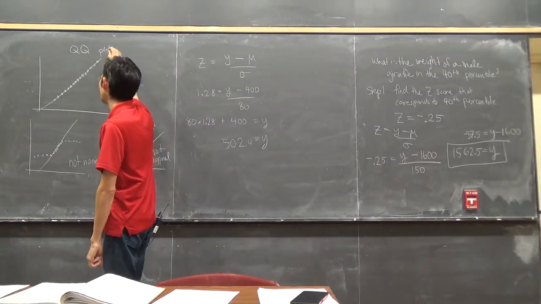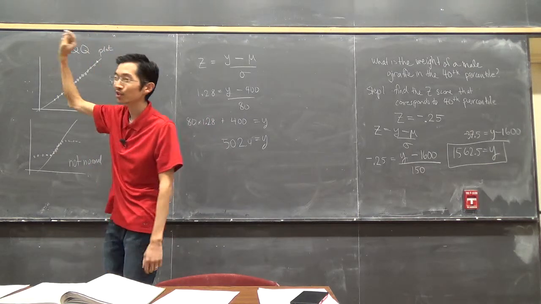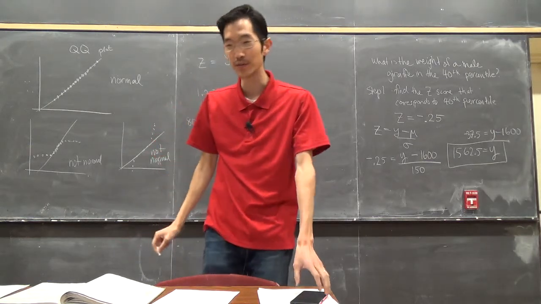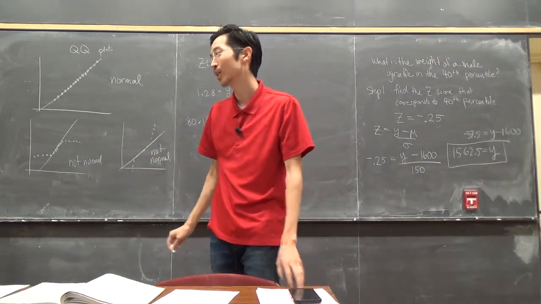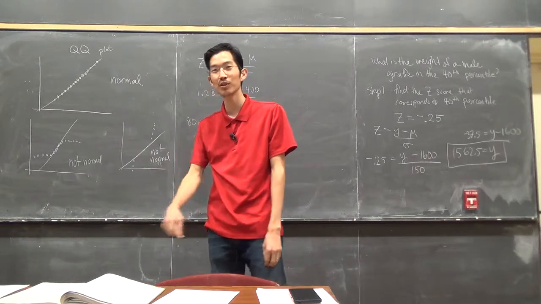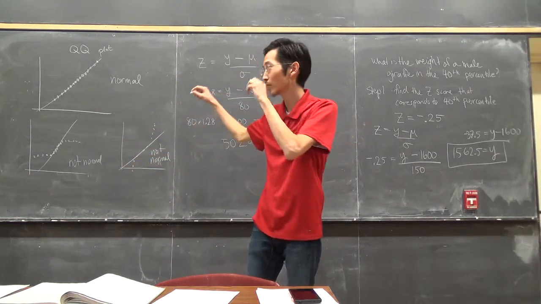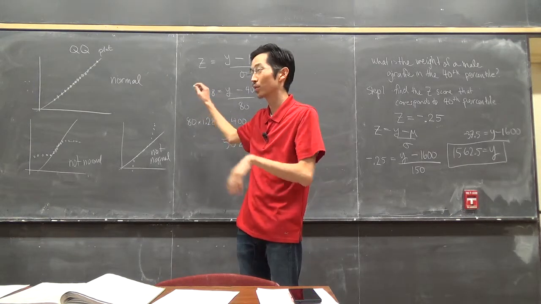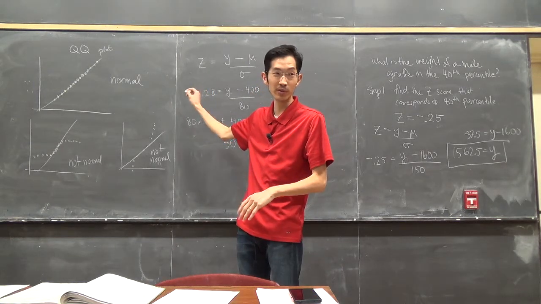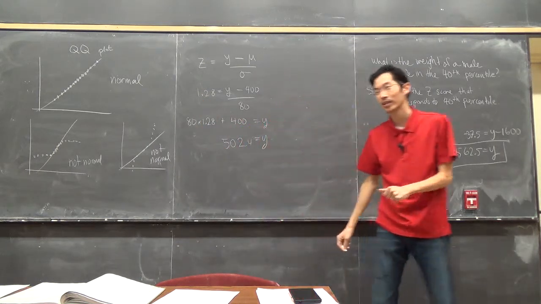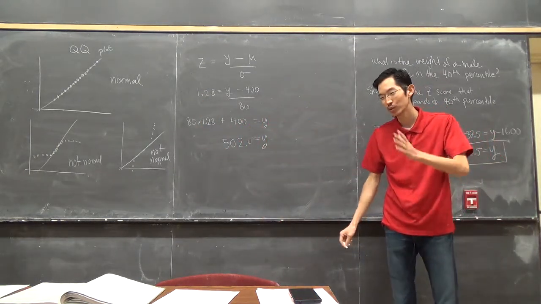So we would call this a QQ normal, and you could use it for whatever other distribution you have: QQ Poisson, QQ exponential. There are other distributions that exist that we're not going to bother learning in this class, because the normal is the most common and the most important one for our course. Others exist that are important but less common.